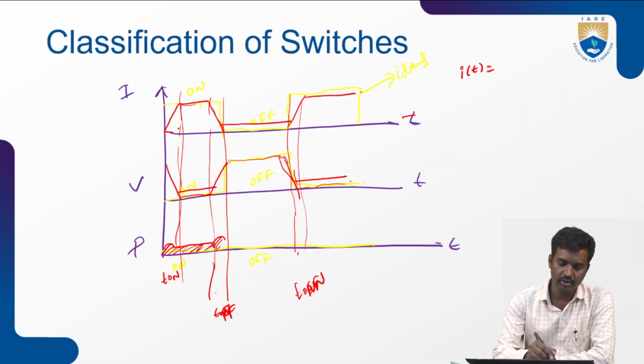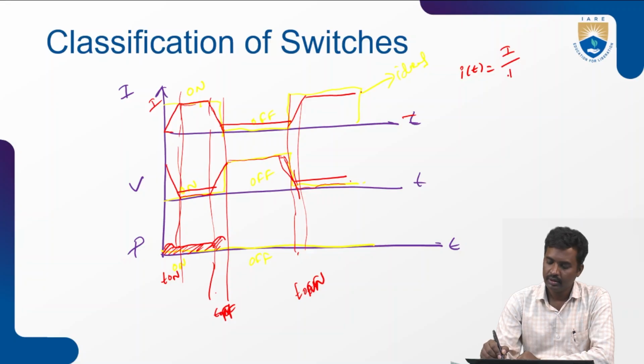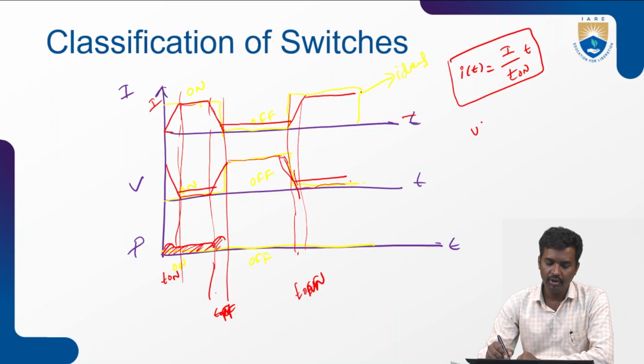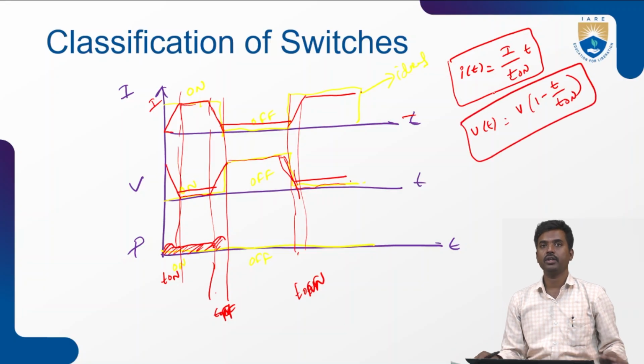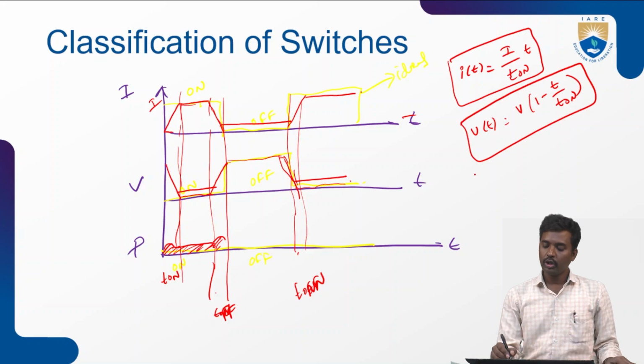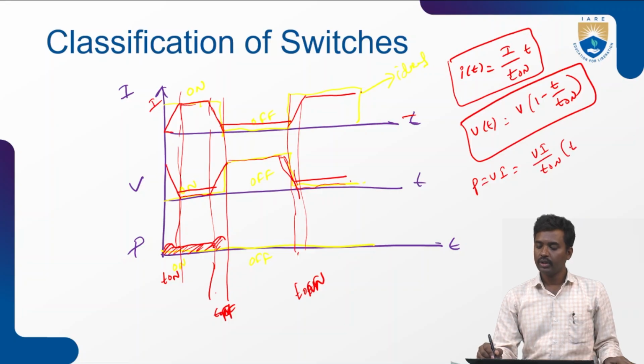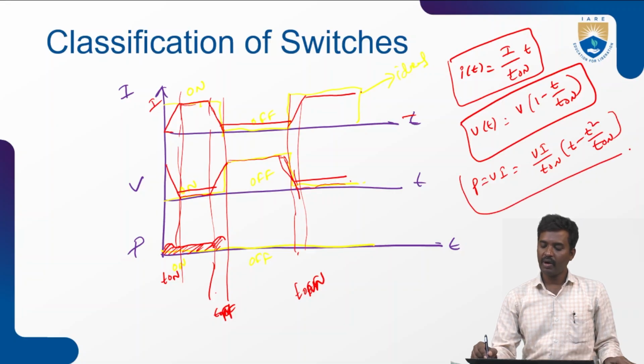I of t equals to, during T on, this is I by T on into T. This is the first equation, and V of t equals to V into 1 minus T by T on. So this is the voltage and current equation. Now what about the power? Power equals V into I, that equals V into I by T on, into T minus T square by T on. So this is the power equation.